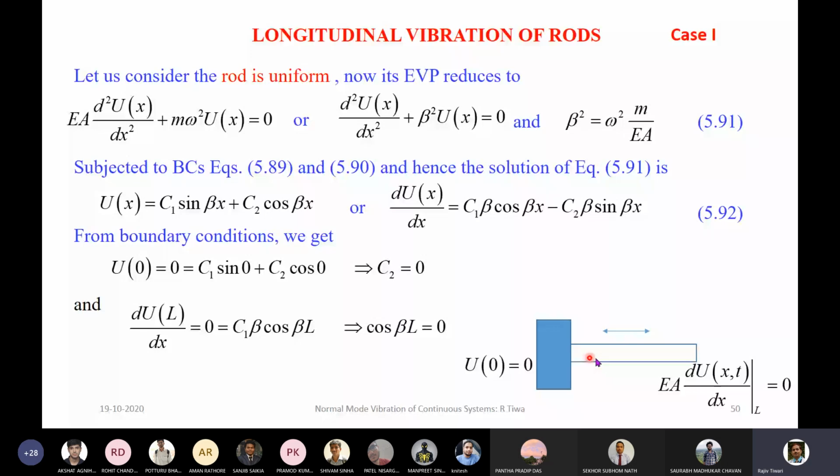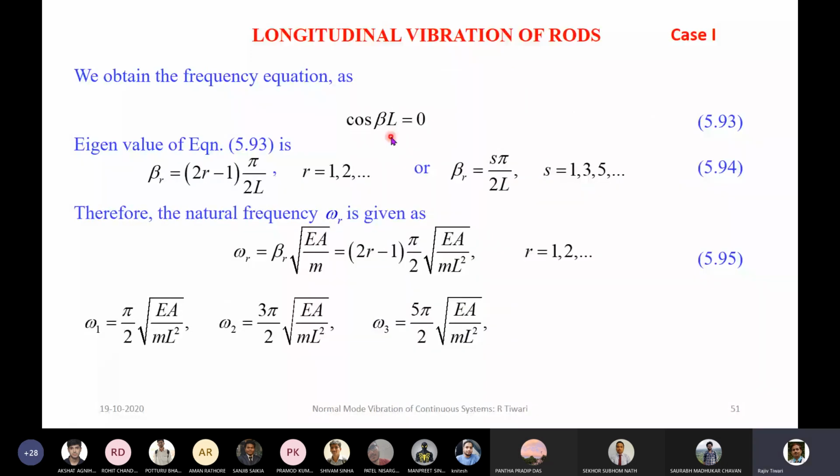Now we'll solve this frequency equation, which will have infinite solutions. So here beta r L is equal to this, which will satisfy this. You can see that all the odd numbers when coming here satisfy it: pi by 2, 3 pi by 2, those solutions will be satisfied here.